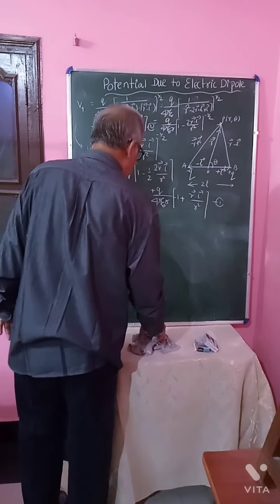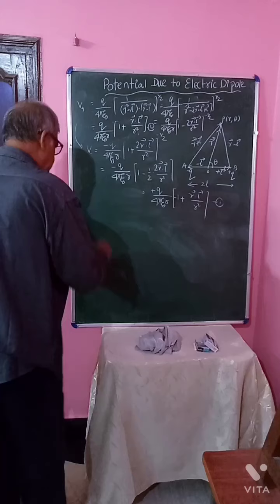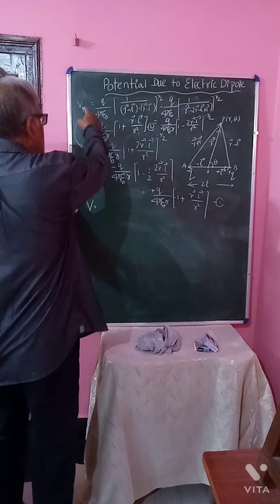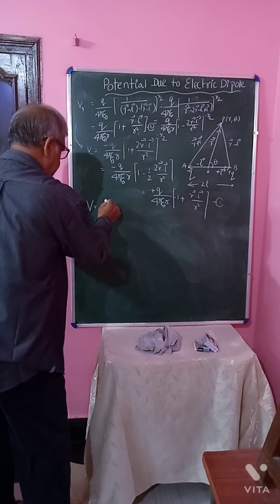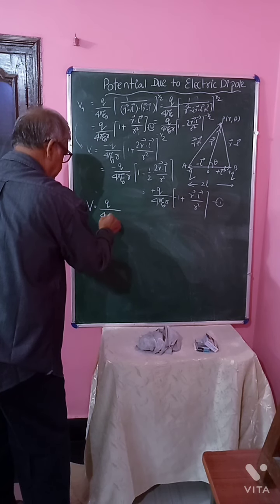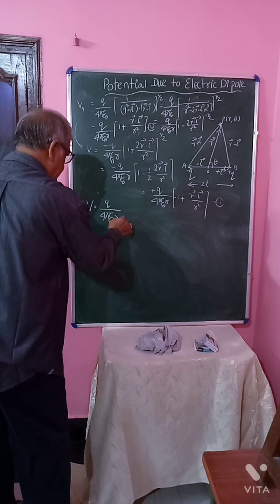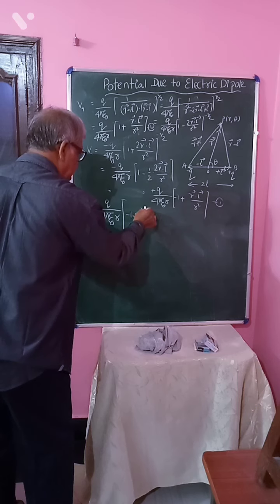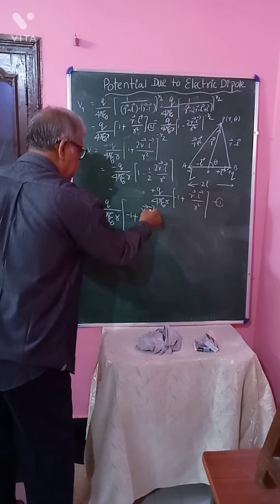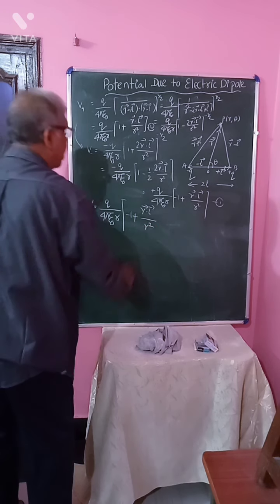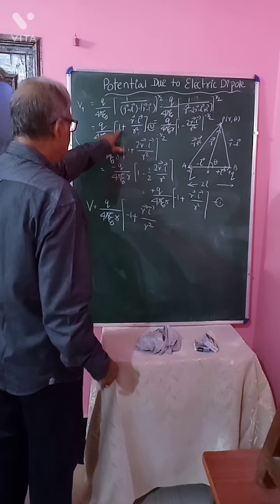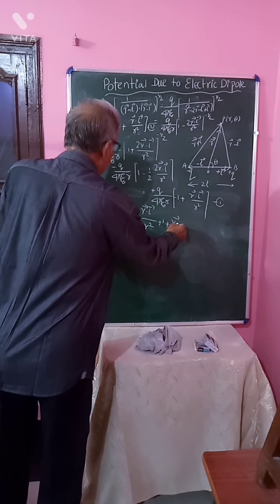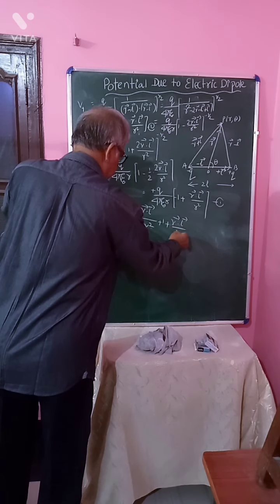So, the total potential due to the dipole at point P is V plus V minus. Taking Q by 4 pi epsilon 0 R common: minus 1 plus R dot L by R square, plus 1 plus R dot L by R square.